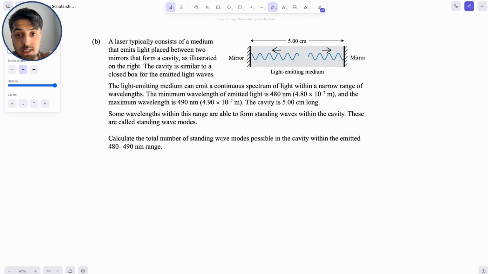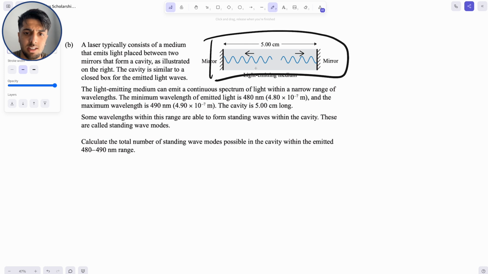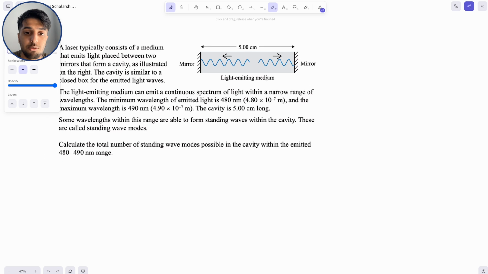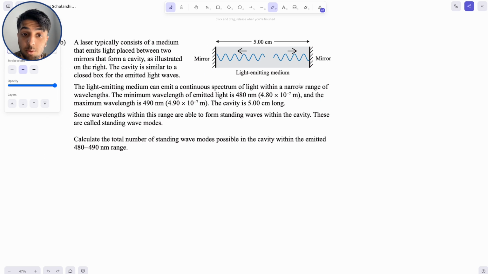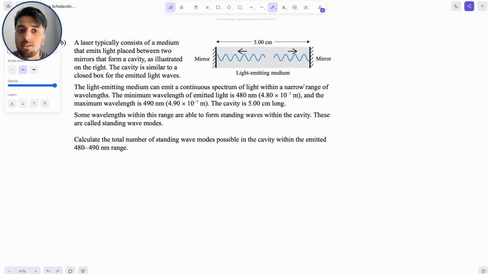Okay, question 1b now. This question is fairly simple, pretty much a regular level 3 question. The key idea is to understand that this setup is essentially the same thing as having a string. So right now we're using light waves, but the waves on a string are effectively the same thing, same concept.